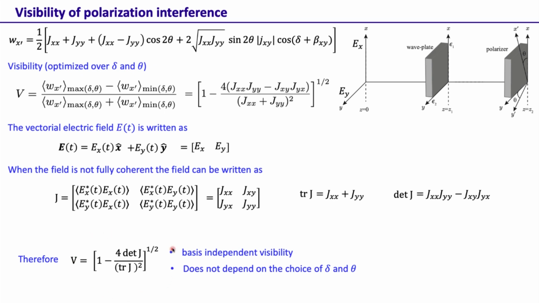So this is something very intrinsic to the incoming field itself. It doesn't matter what phase we introduce between the two different polarizations, or where we keep the polarizer. Of course, for calculation of this visibility, we will need to change delta and theta and find the maximum of that quantity. But once it is calculated, it has no functional dependence on delta and theta.